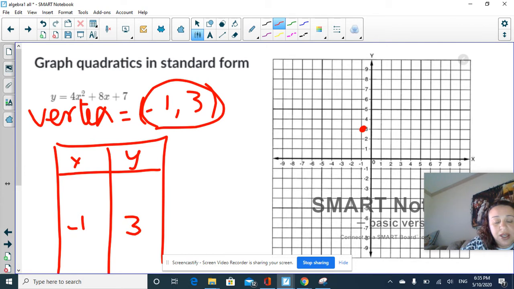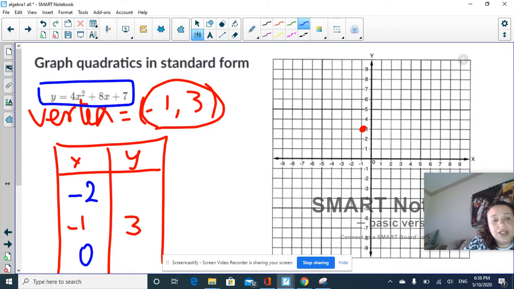I put it in the middle because I need 1 point less than negative 1 and value for x greater than negative 1. Less than negative 1, you can take negative 2, and greater than negative 1 is 0. Let's use these two values for x and find the values of y by using this function.